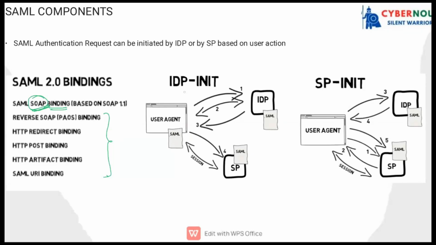So you can say in an IDP initiated flow, the user agent goes to the IDP, and then the IDP generates the request and it goes to the user agent. The user agent will reach the service provider. The service provider will set up a session with it, and the entire thing will start.